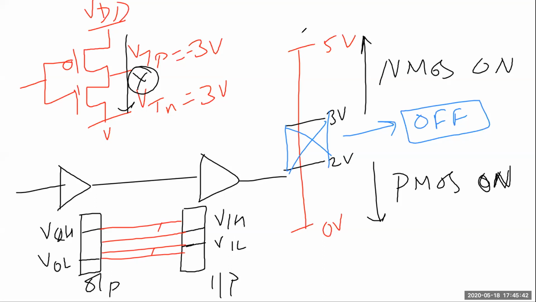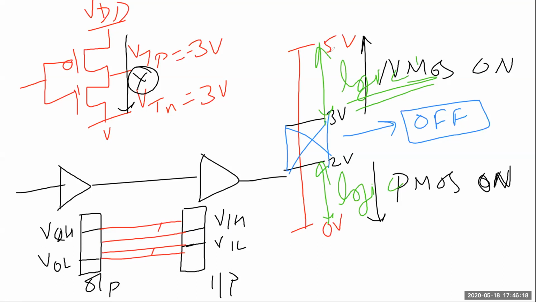So now if you see from this 3 volt and the 2 volt, from the input point of view, I can say this window is my logic 0, and this I can consider as a logic 1.